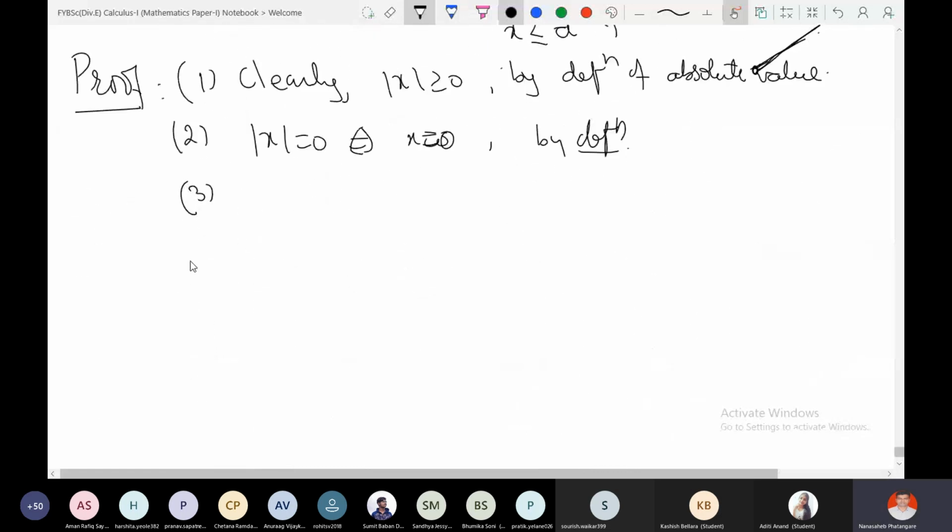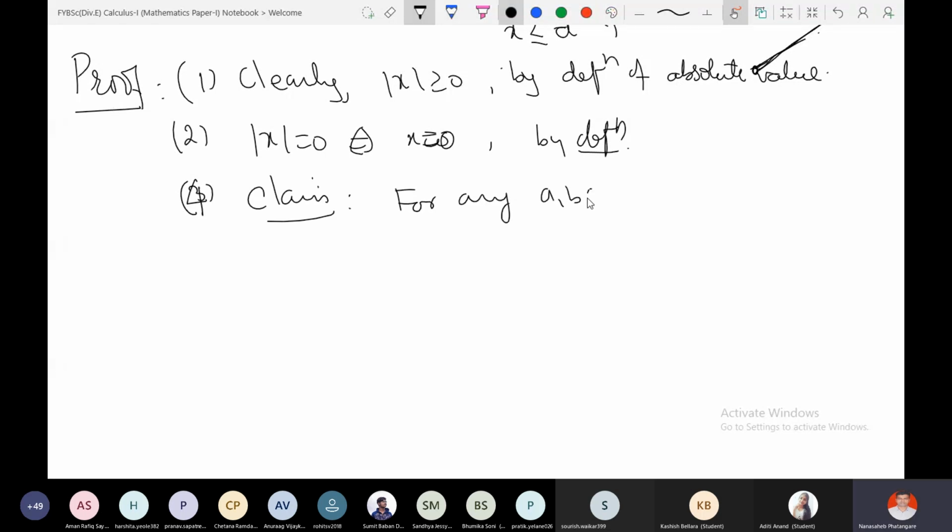So first we'll prove the fourth. What is our claim in the fourth? For any a, b belonging to R, the absolute value of a times b is equal to the absolute value of a times the absolute value of b. This is our claim.